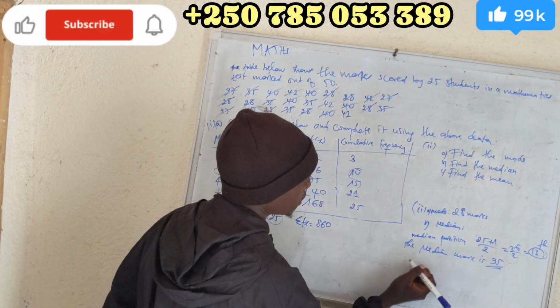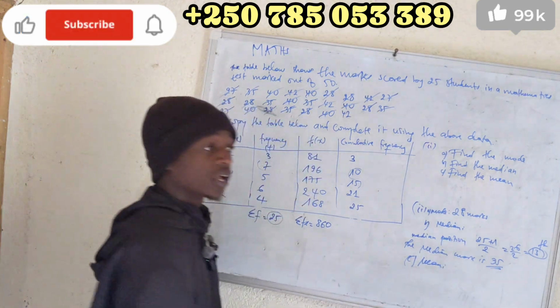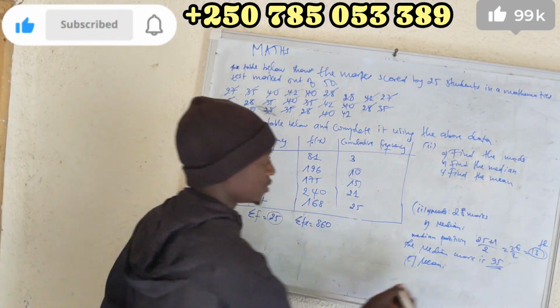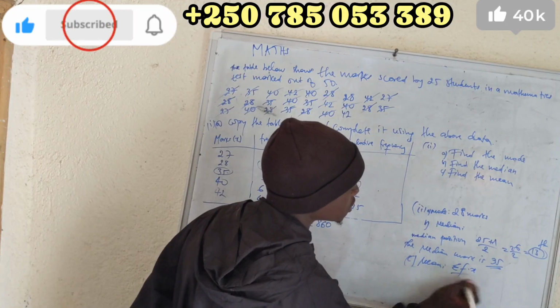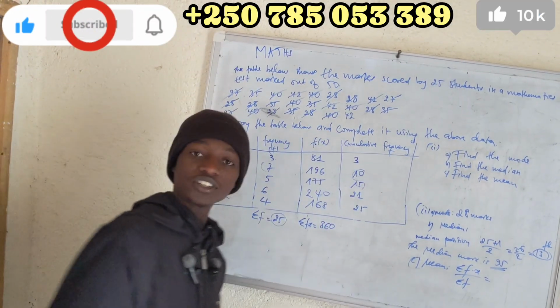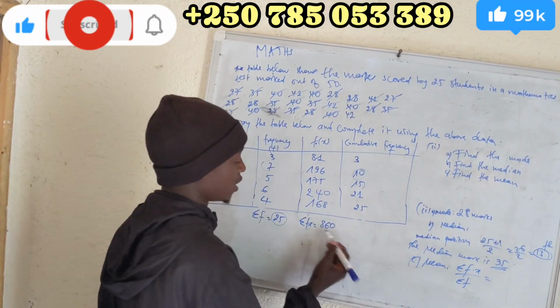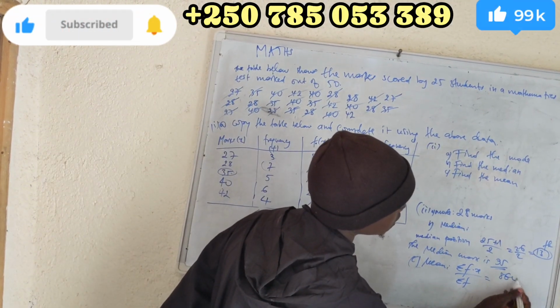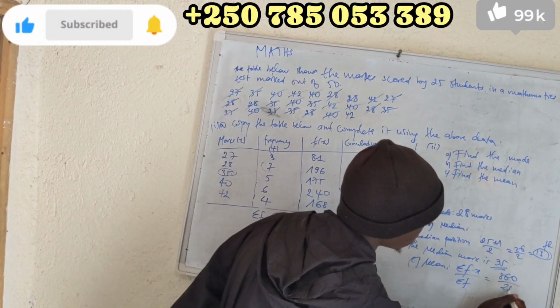What about the mean? In order to get the mean, it is equal to the sum of f times x over the sum of f, the sum of frequency. So the sum of f times x is equal to 860 divided by 25.